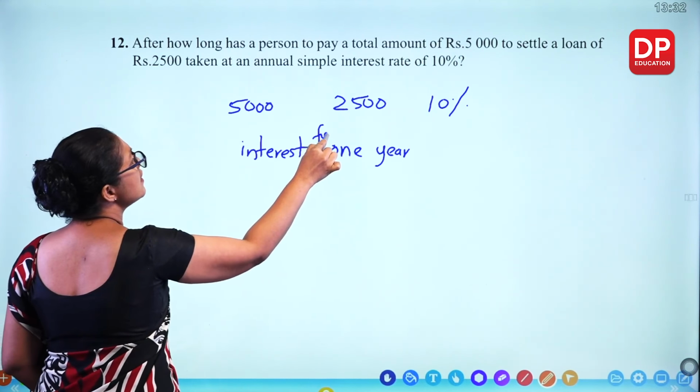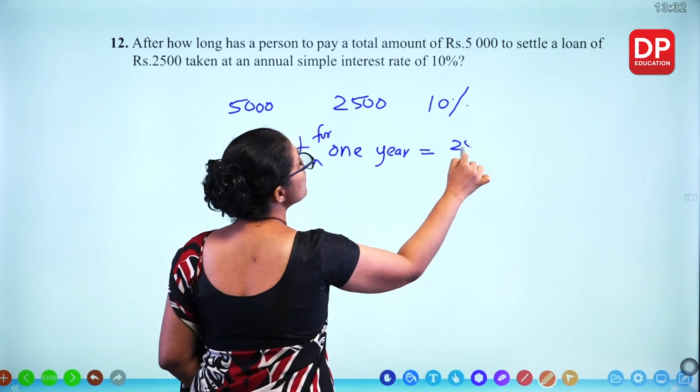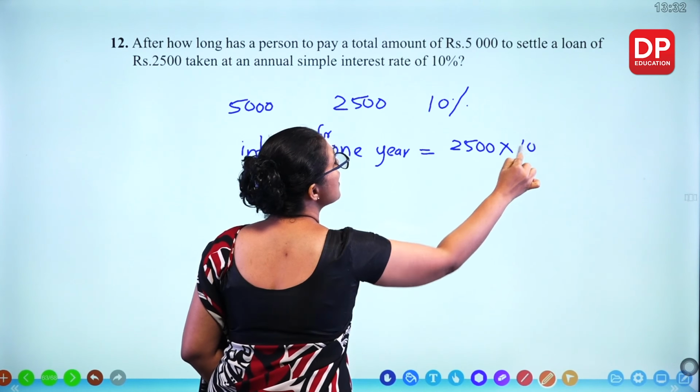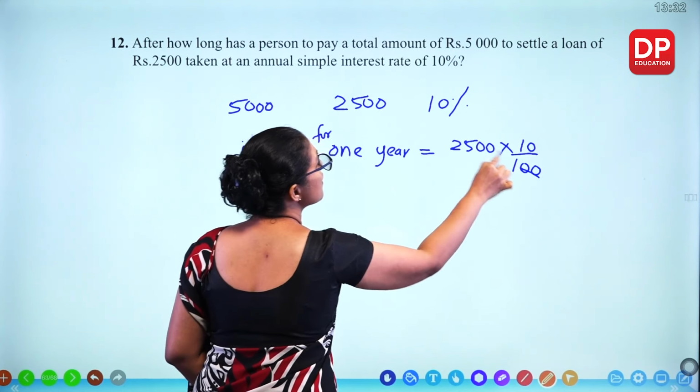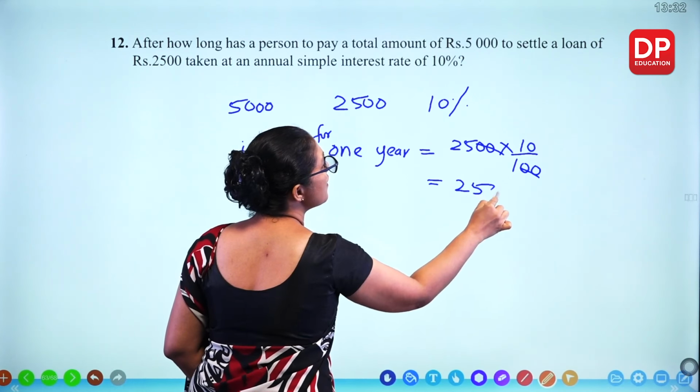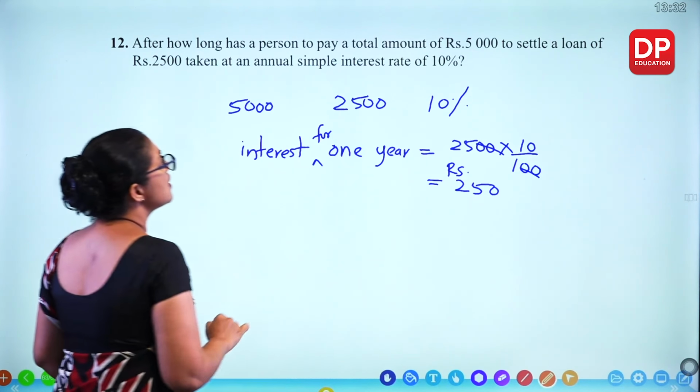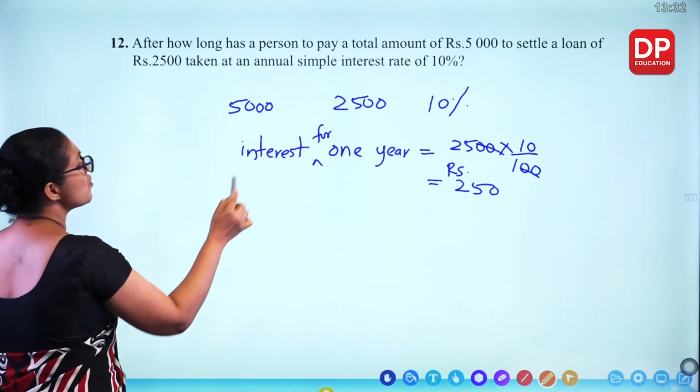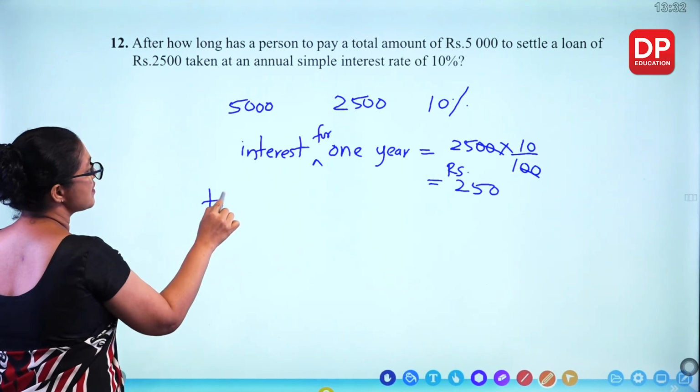Interest for 1 year, 2,500 into 10%. Calculate that value, you get 250 rupees. What's the difference between these two? That's the total interest paid.